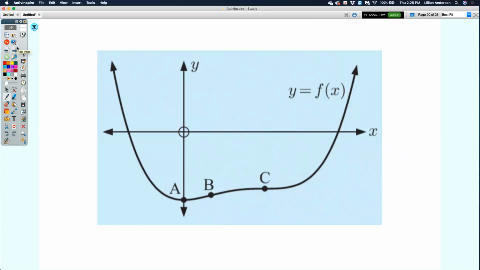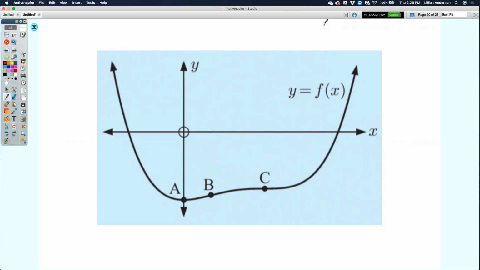Everyone, do your best to copy down this diagram as we are going to graph the first derivative and the second derivative of this function. So when we look at this particular graph, and in the process, we're going to graph the first derivative and the second derivative, those points A, B, and C, they indicate very important points that we do need to be aware of, okay?